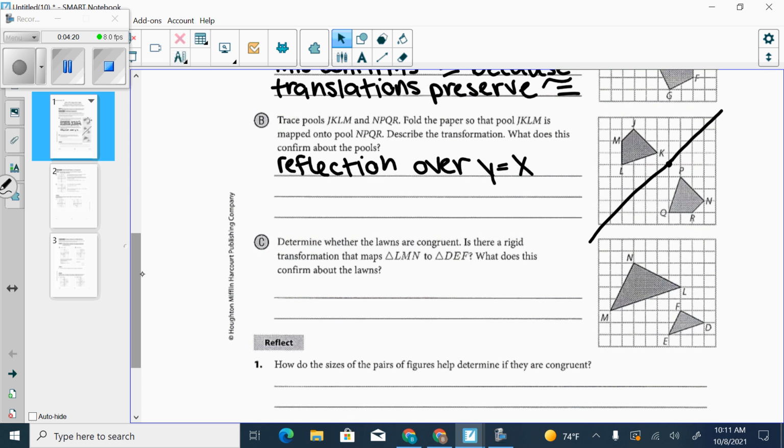So, do we know if they're congruent or not? Yes, they are, right? Because this was a type of transformation that does hold congruency. So, we would say the pools are congruent. Because reflections preserve congruency.